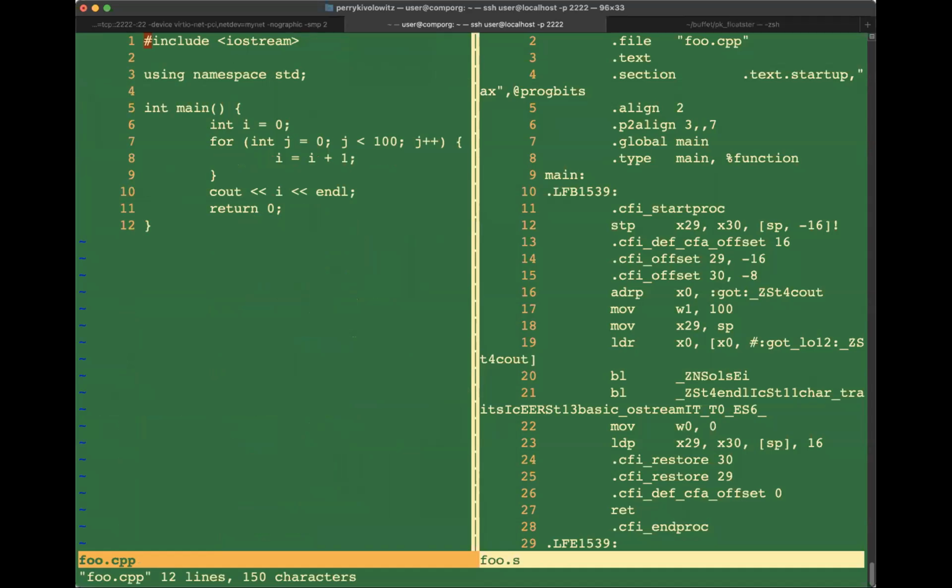On line 17, it is setting up to print the literal 100. So it completely stripped the loop, and the compiler calculated what the correct answer is going to be and just put it in there. Okay?